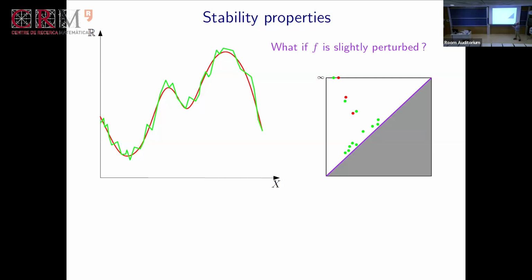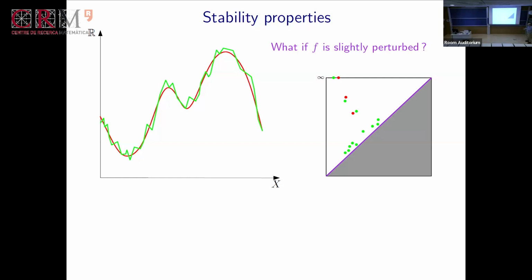If you compute the persistence of this green function as we did before, just looking at the relation of events, you will see some new points appear, corresponding to new intervals, that are close to the diagonal, but not farther than the size of the perturbation. And the points that were here before, corresponding to kind of large intervals, are still here. They are just moved a little bit. And you observe that they do not move by more than the size of the perturbation you have made, right?